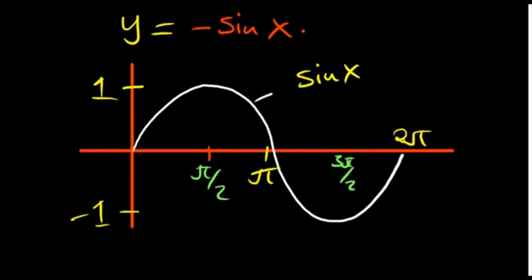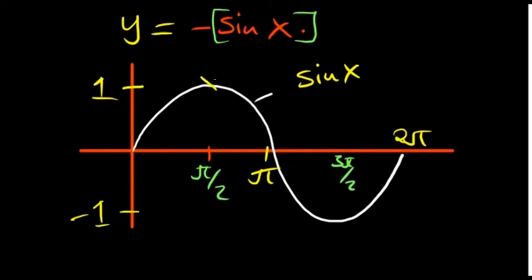Okay, so now what happens if you get negative sine of that? Remember, this negative is going to affect the value of y, and it tells you that all the values that you have for the sine graph are supposed to be regarded as negatives. So that is going to be more like a reflection.